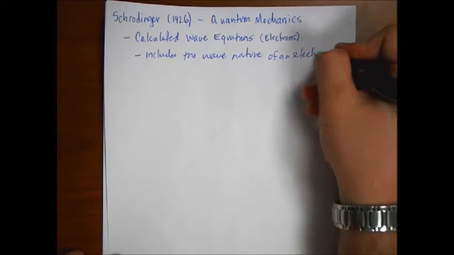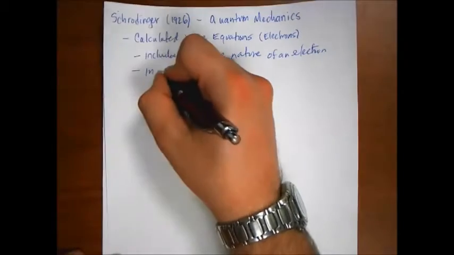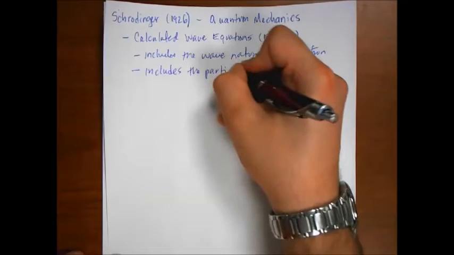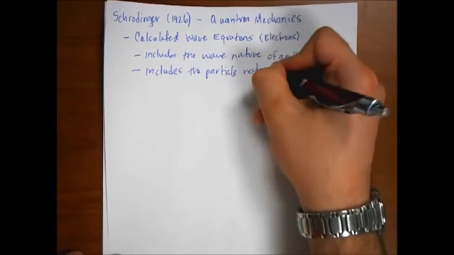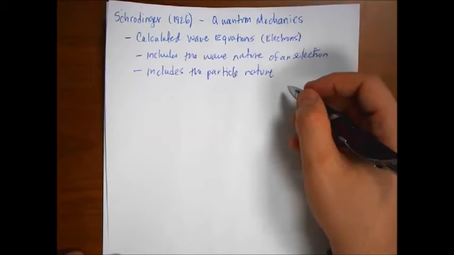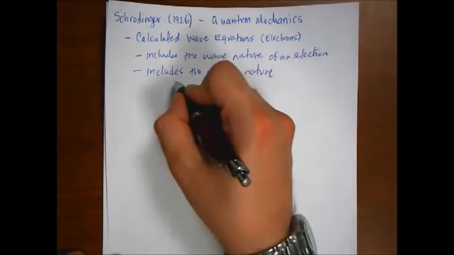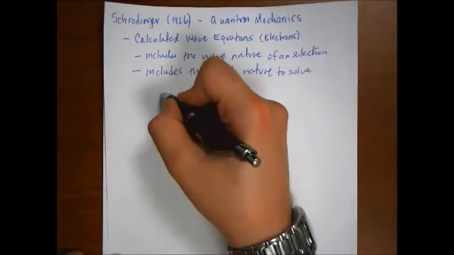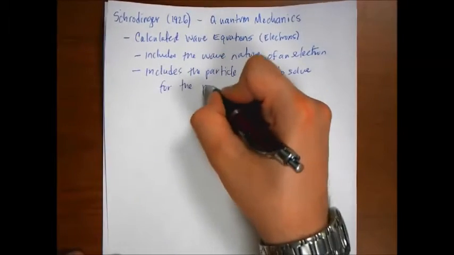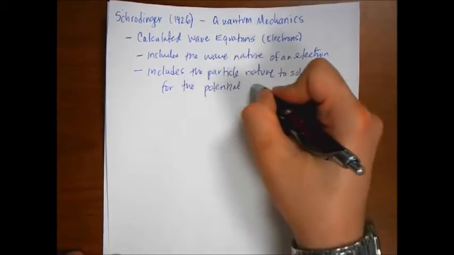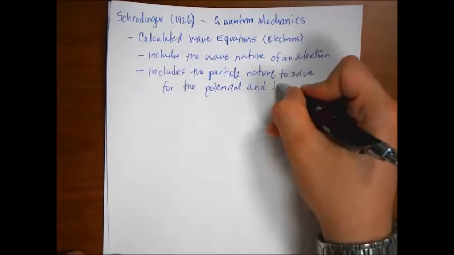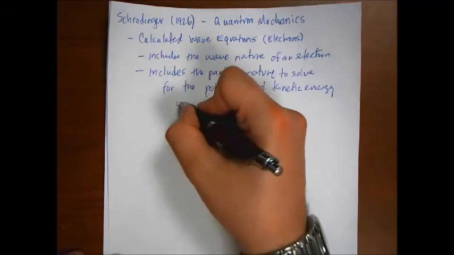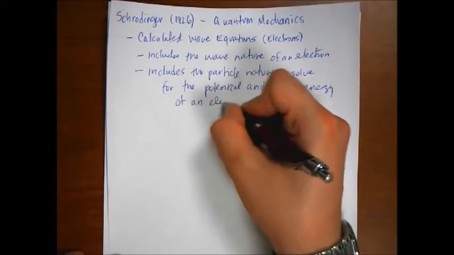And he also includes the particle nature, because he uses these wave equations to solve for things like the potential and kinetic energy of an electron.